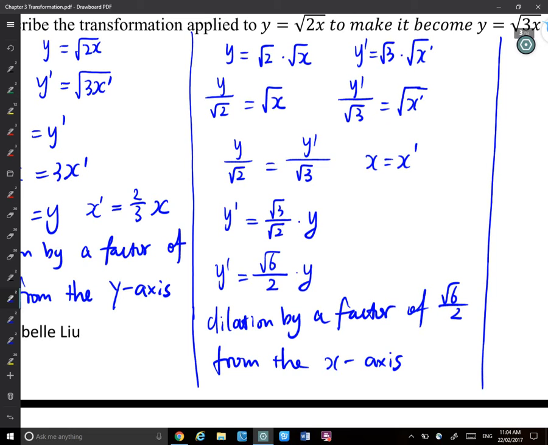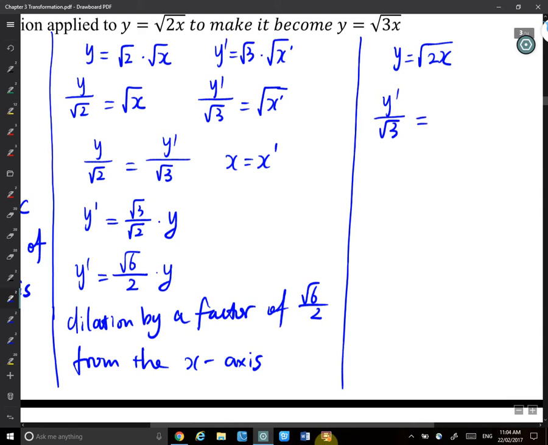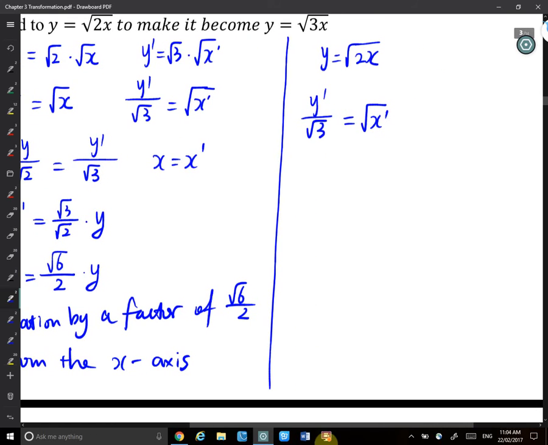Or even what I can do is y equals square root 2x. And y dash over square root 3 will equal square root x dash. y will equal y dash over square root 3, and 2x will equal x dash. y dash will be square root 3 y, and x dash equals 2x.